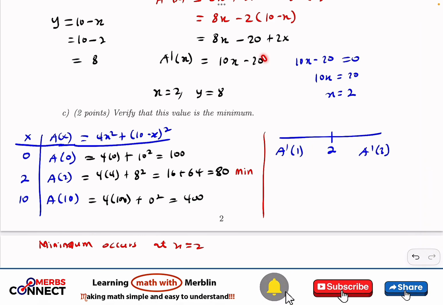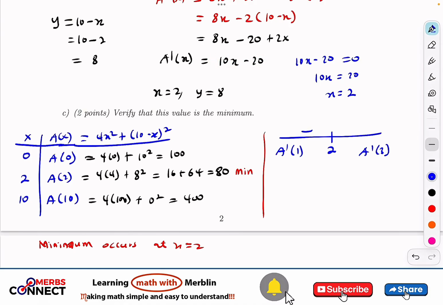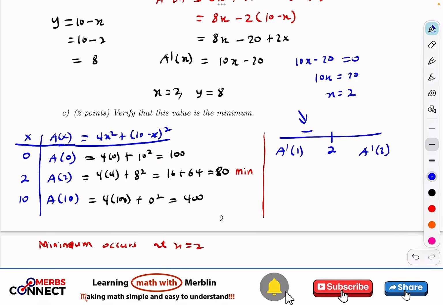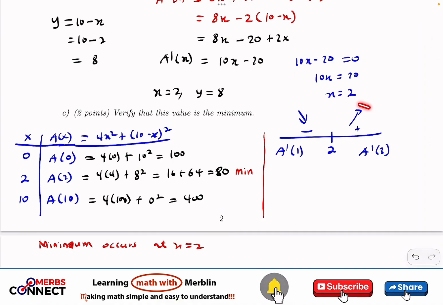When I plug in 1 here, this will be 10 minus 20, and this is going to be minus, so this will be decreasing. Now when I plug in 3 here, I'm going to have 30 minus 20, and this is going to be positive. This is increasing. So you can see that this indeed tells us this is going to be a minimum.